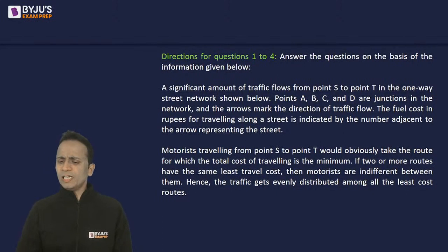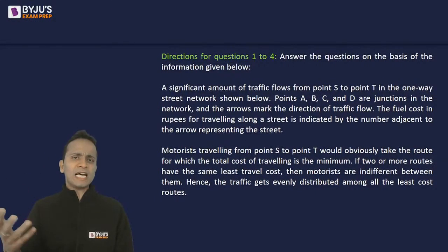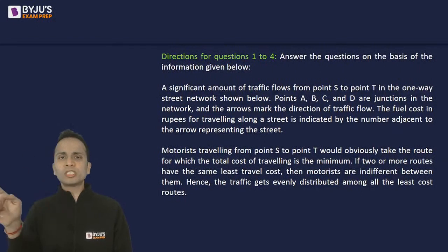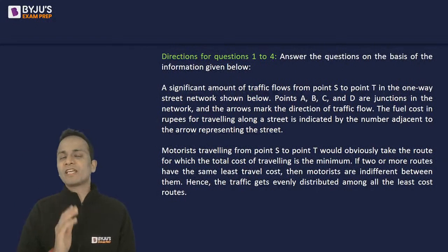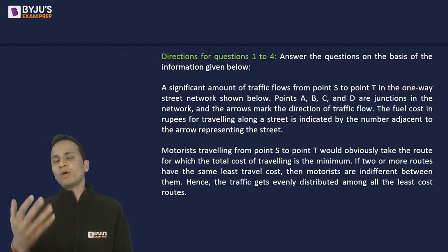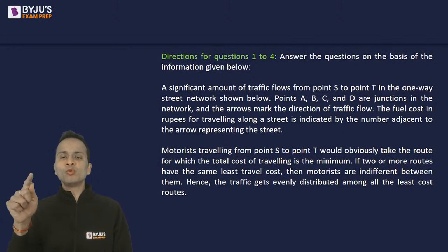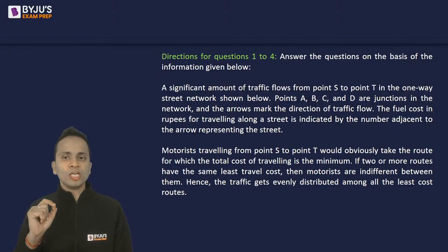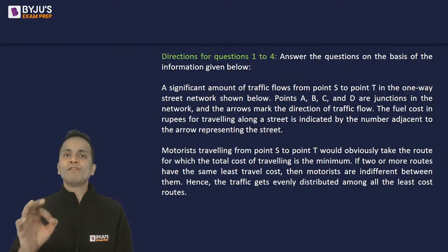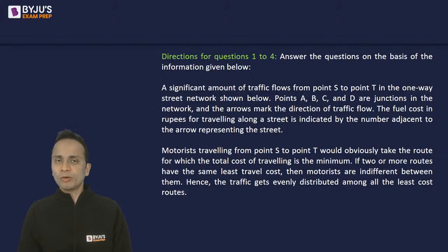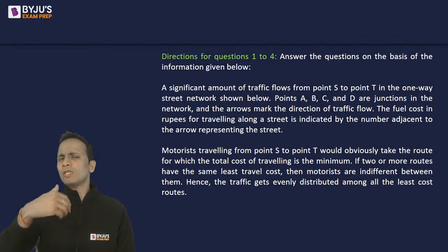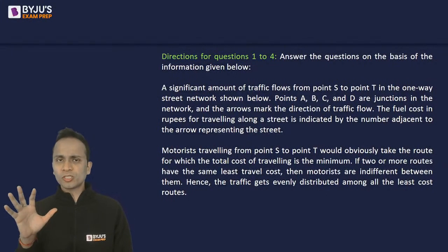So there can be different scenarios. There can be different routes through which the traffic can pass. In one of the scenarios, let's say one of the routes is offering the minimum cost. So the entire traffic will flow through that route. Let's assume that there are 6 routes in total.